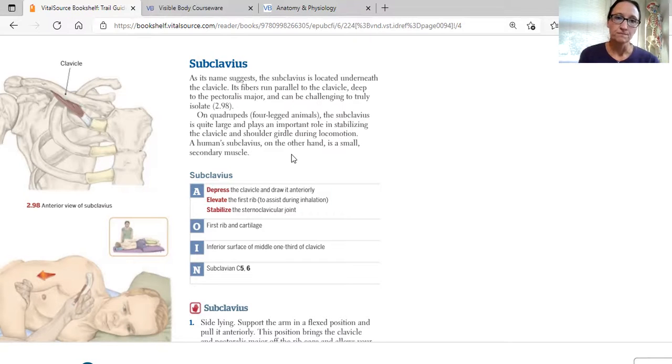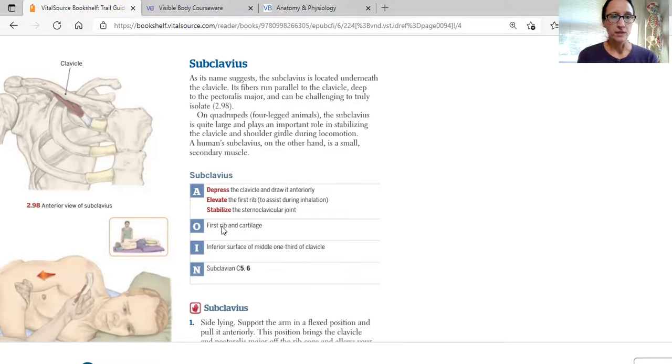So anyway, the subclavius attaches to the first rib and the cartilage of the first rib, and then inserts on the sort of interior surface, so up underneath the clavicle, specifically the middle third of the clavicle.